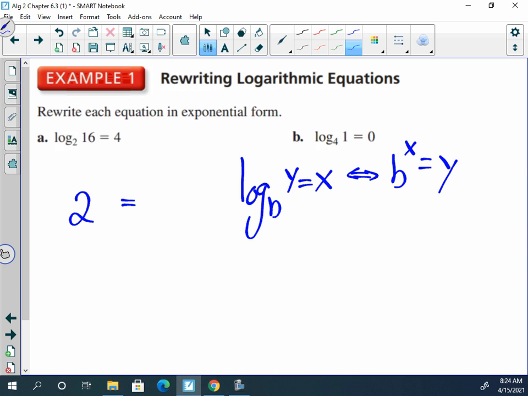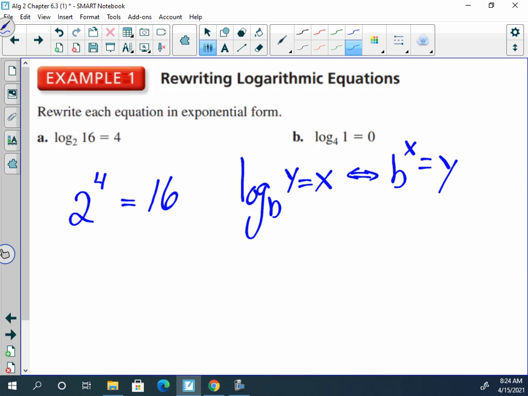So we're going to have 2 to the what? Because b to the x. So what is our x in this case? X corresponds to the 4. It's what it's equal to. So 2 to the 4th is equal to 16.